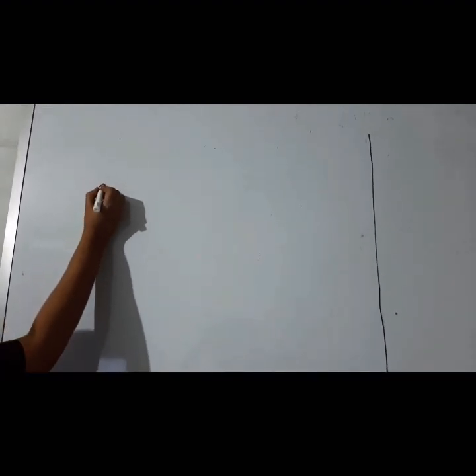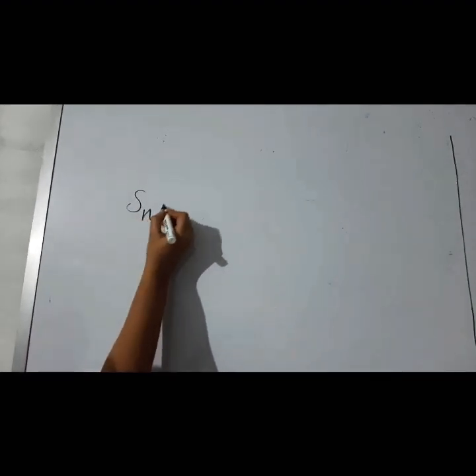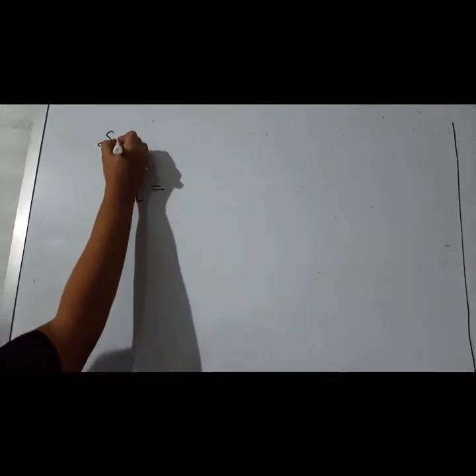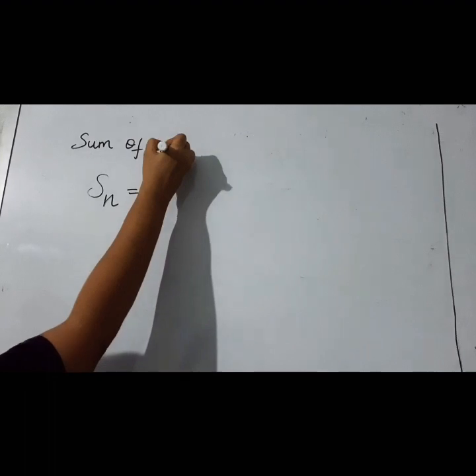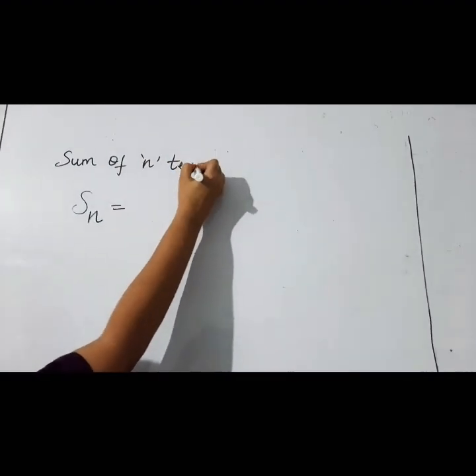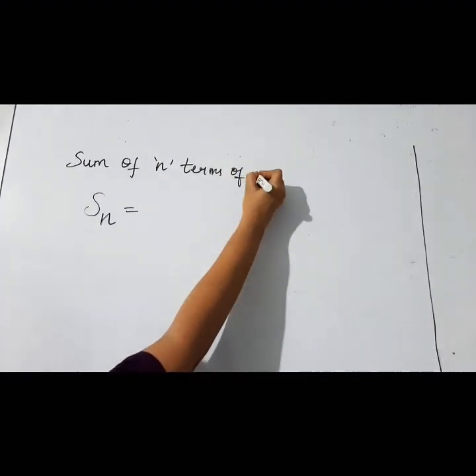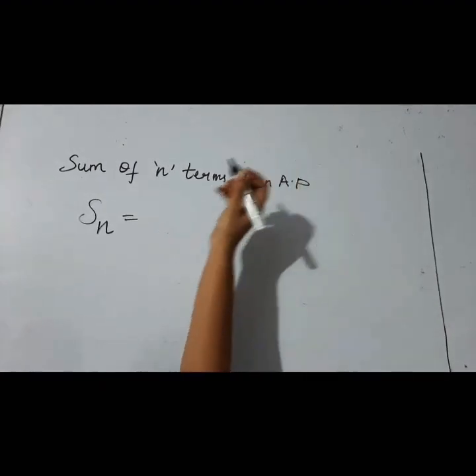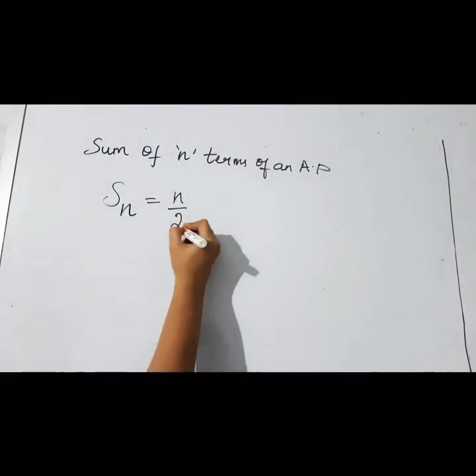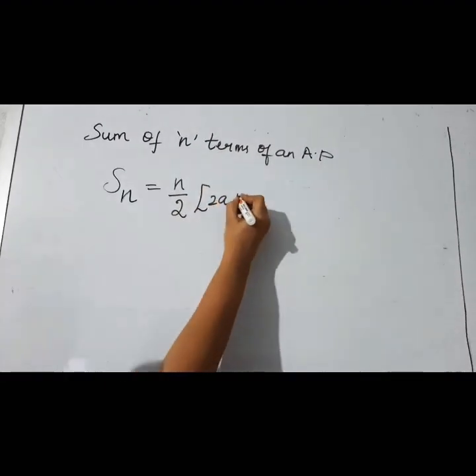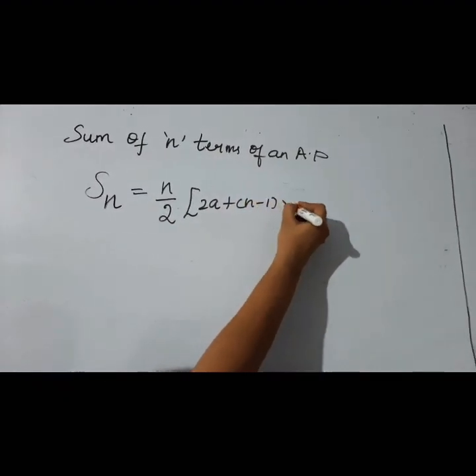The formula for finding the sum of n terms of an AP: sum of n terms of an AP is equal to n by 2 into (2a + (n - 1) d).